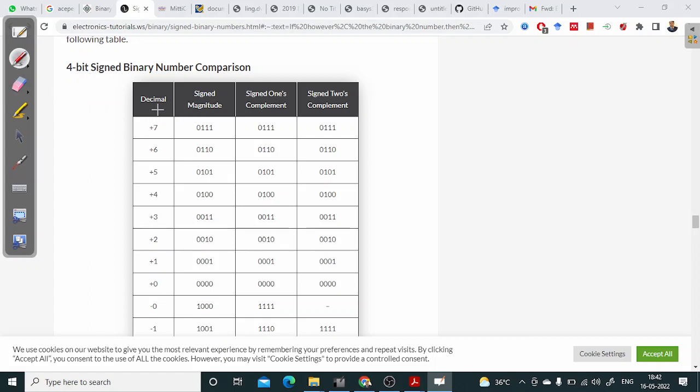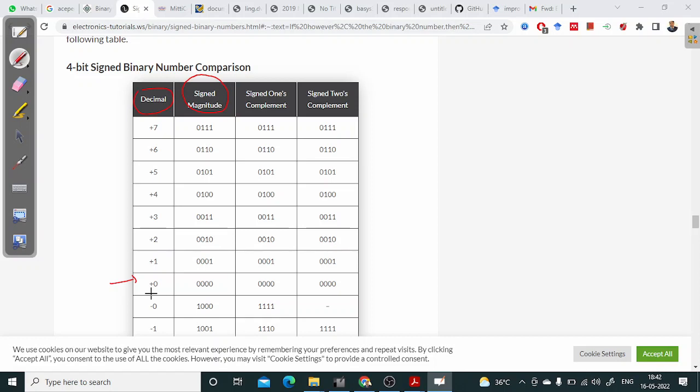Look at here. For example, first we have sign and magnitude. This is the representation for sign magnitude number, and this is the normal decimal number. So let's start from here.